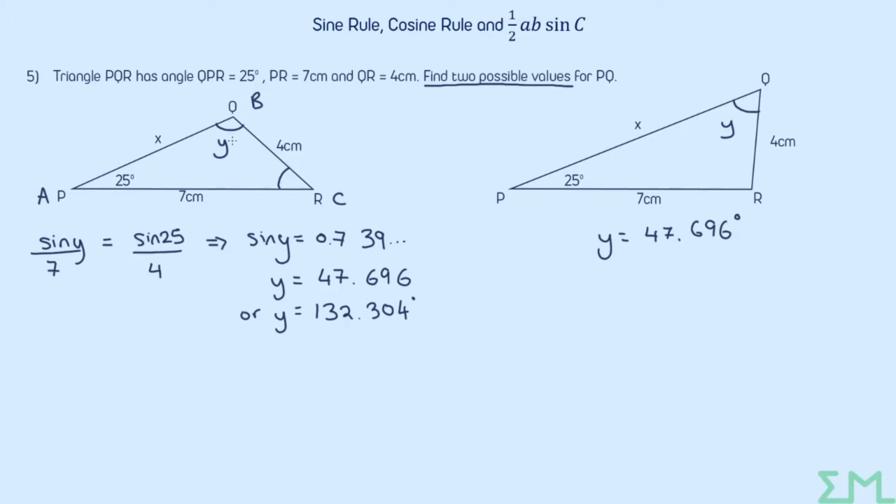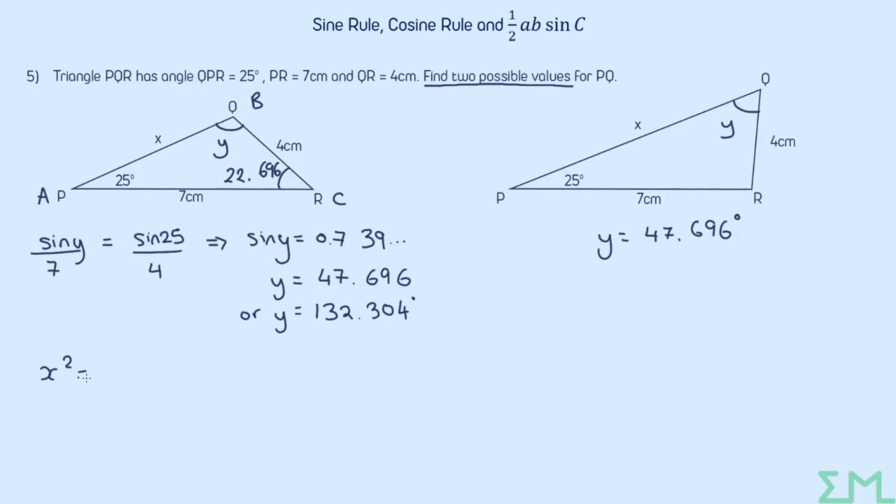Okay, so now we know this angle, we can work out the angle opposite our x. So if we do 180 degrees minus 25 minus 132.304, we find that this angle is 22.696, and then we can use the cosine rule.